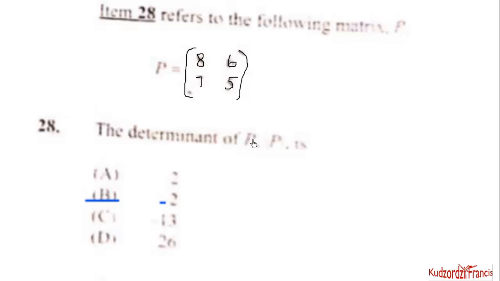The determinant of P, you know the determinant, you multiply the leading diagonals and subtract the product of the other diagonal. So if you multiply 8 by 5, you get 40. Then subtract 7 times 6, which is 42. 40 minus 42 is equal to -2. So the answer is -2.